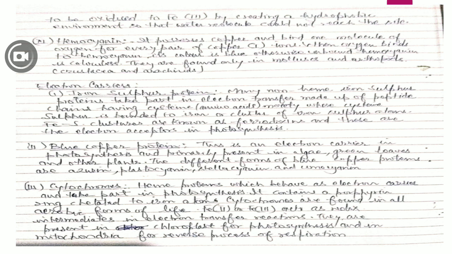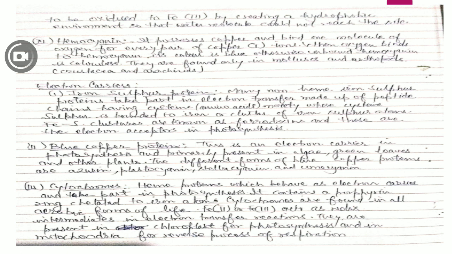It contains a porphyrin ring chelated to iron atoms. Cytochromes are found in all aerobic forms of life. Fe2+ or Fe3+ acts as redox intermediate in the electron transfer reactions.